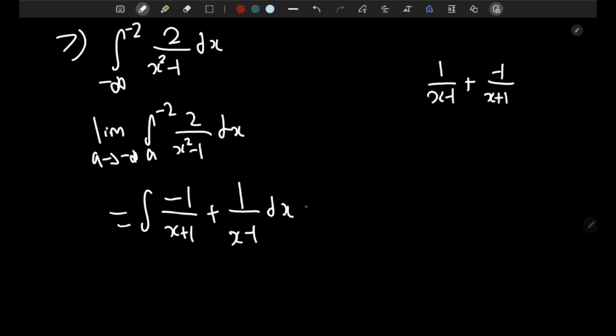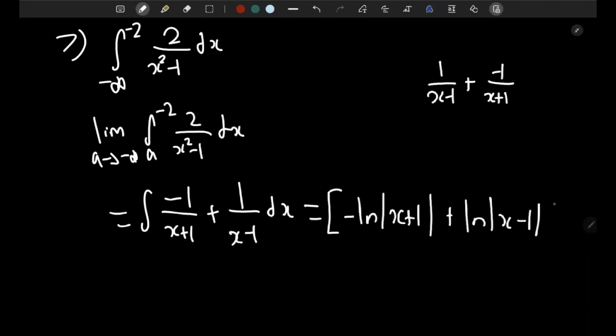It's going to be minus ln of absolute value x plus 1 plus ln of x minus 1, and then close brackets from a to negative 2.